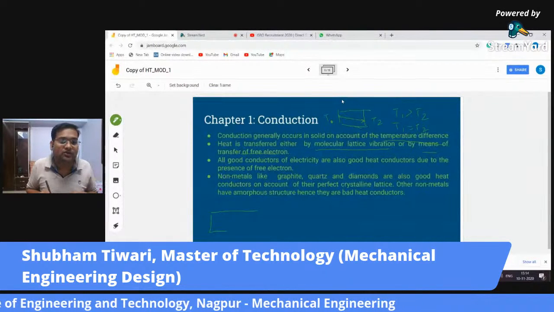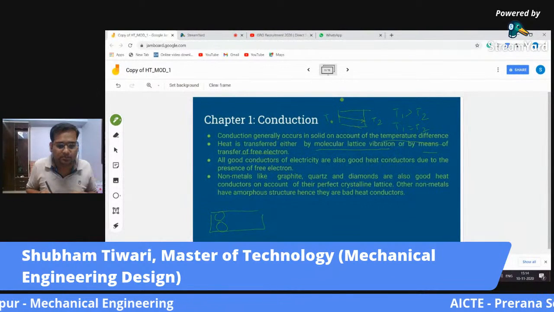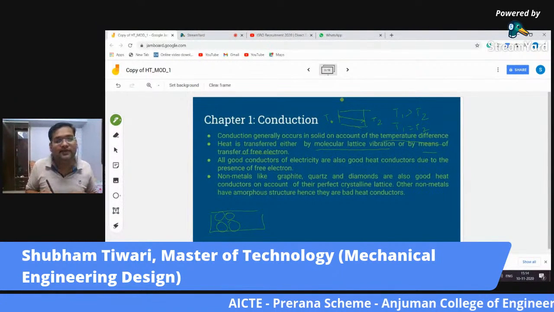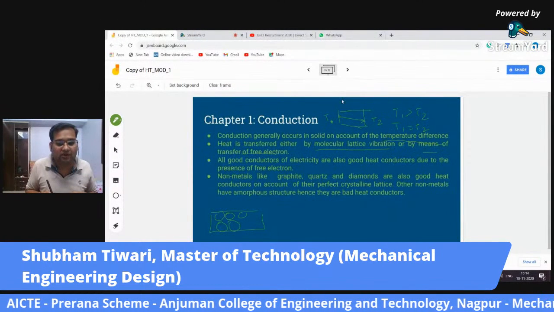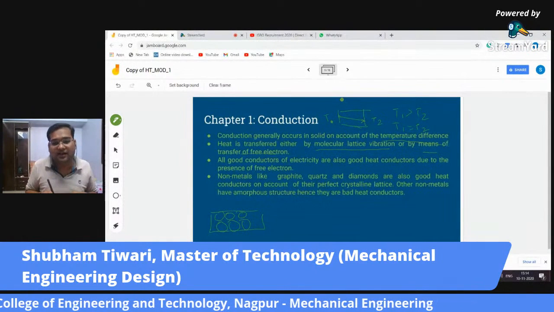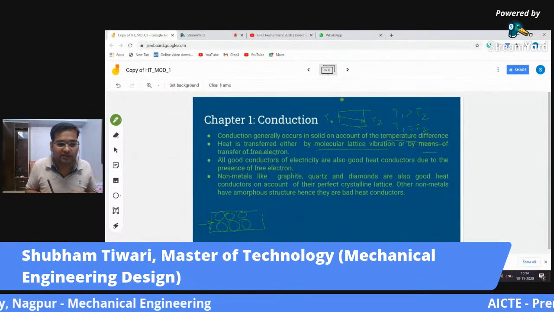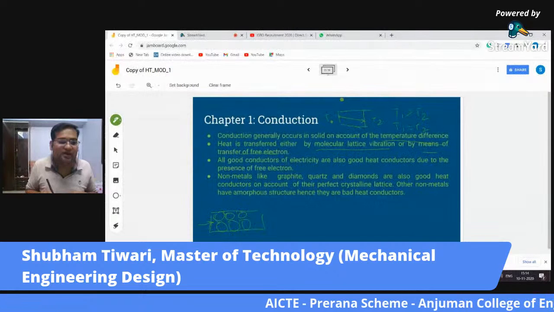As discussed above, that was our plate. Now I will take a microscopic view of this plate. In this view, we can see that these are the molecules of the plate, and this is the lattice structure, how it is distributed in the plate. When I transfer the heat, this molecular lattice gets excited and starts vibrating.